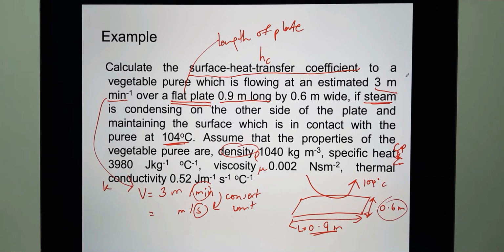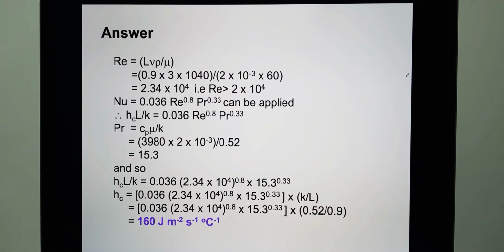Okay, so now let's solve this particular problem. As I have mentioned just now, since we are dealing with a flat surface, you need to use the equation of Reynolds equals L V rho over mu.